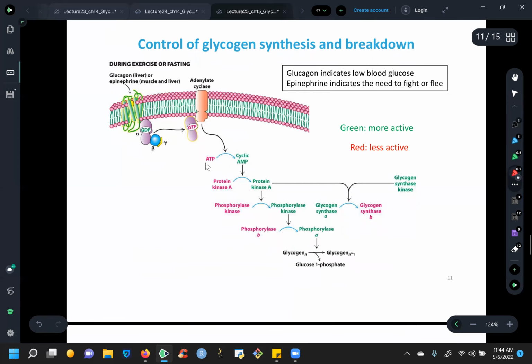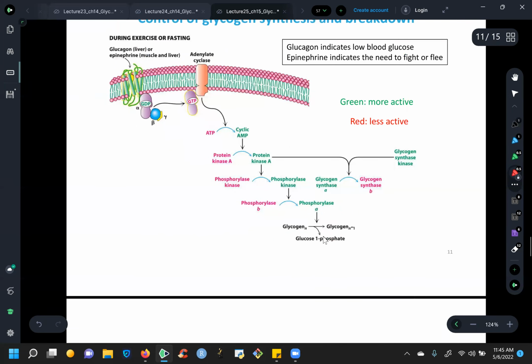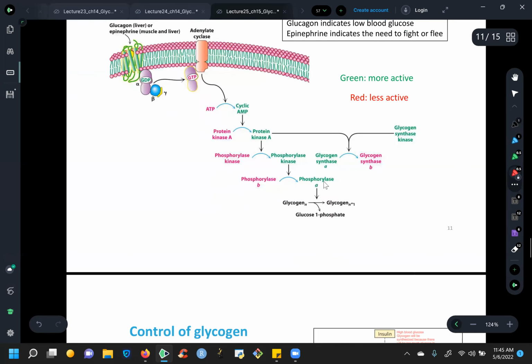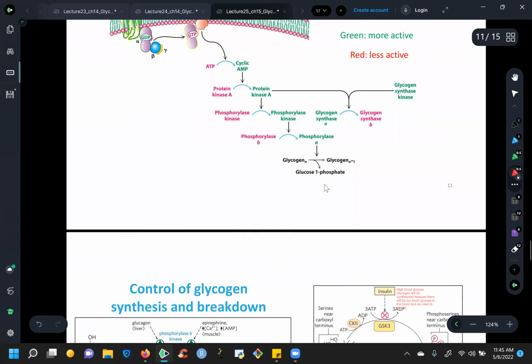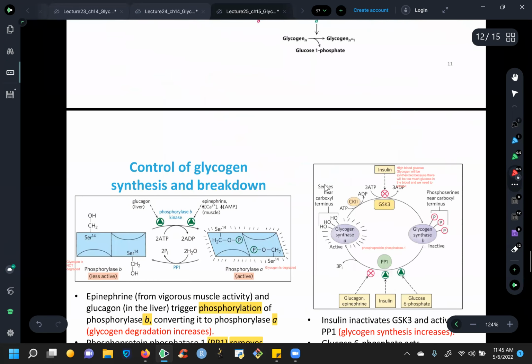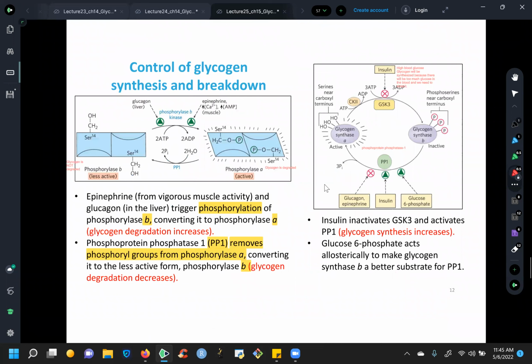So if you have a lot of ATP, that promotes cyclic AMP, and then protein kinase A will promote phosphorylase kinase, phosphorylase. I don't think she's going to ask anything too specific about this. But basically everything green is more active when you have a lot of ATP. Control of glycogen synthesis and breakdown.